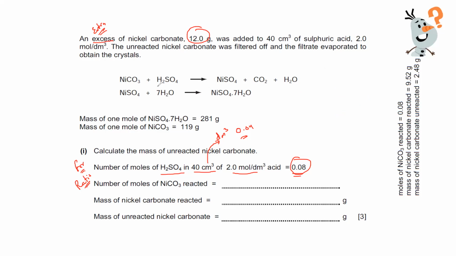What ratio will we take? We'll take a ratio between sulfuric acid and nickel carbonate. So what is the ratio between sulfuric acid, H2SO4, and nickel carbonate? The ratio between them is 1:1. So if the ratio is 1:1, and we have 0.08 moles of sulfuric acid, how many moles of nickel carbonate will there be?